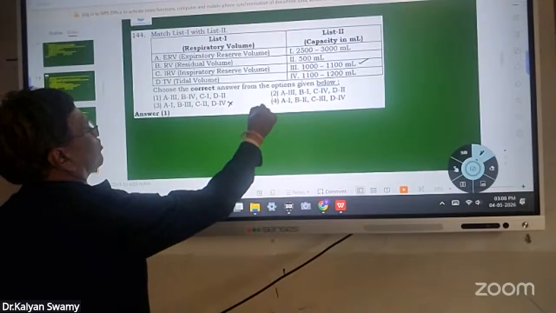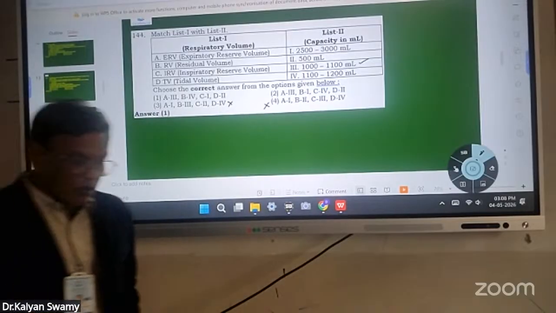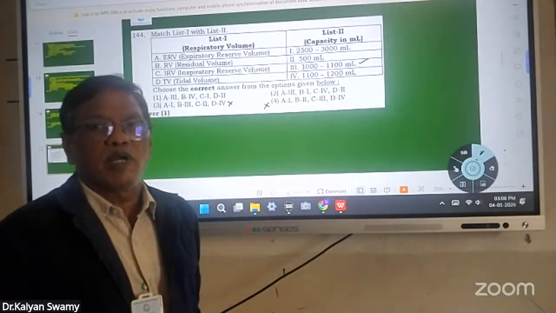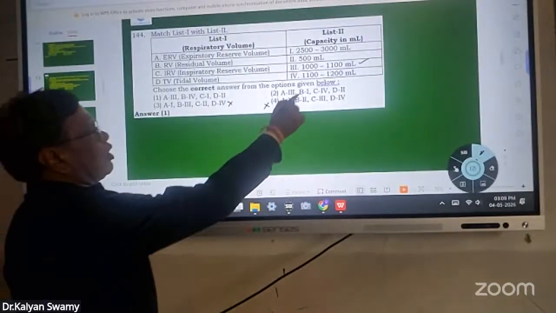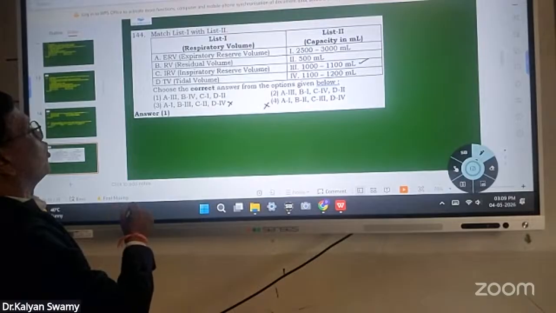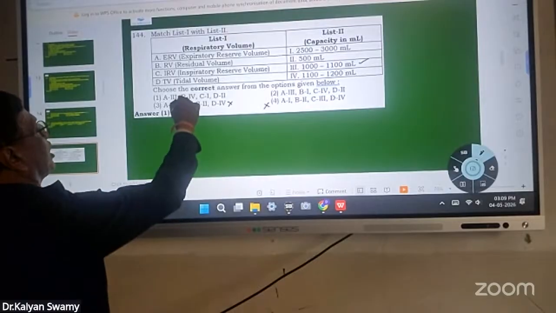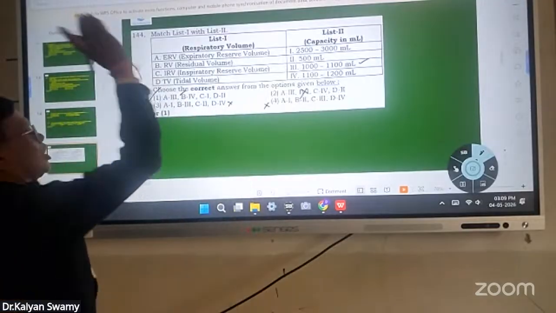This you can strike off, this you can strike off. The residual volume is the air that remains in the lung after forcible expiration, equal to 1100 to 1200 ml. That is B4. A4, B4 is there. Here B is wrong. You can go for the first option.